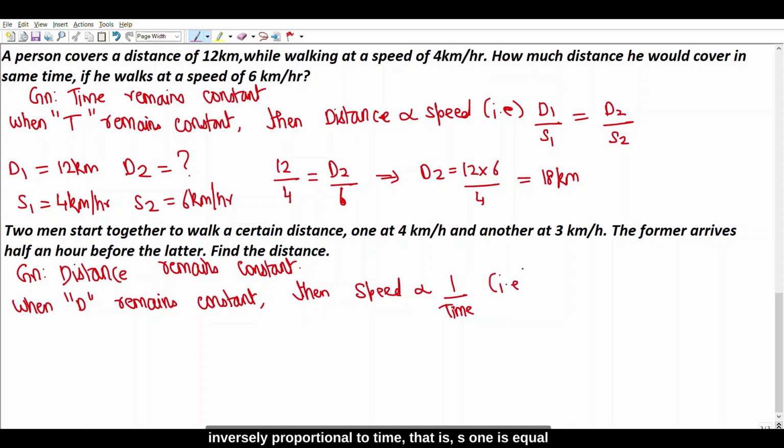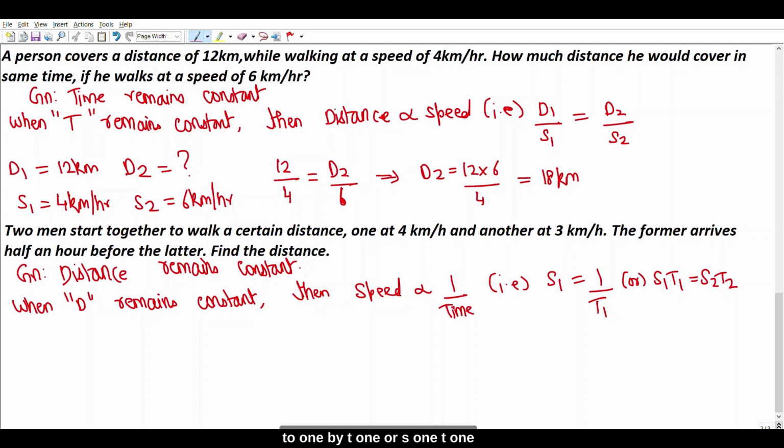That is, S1 is equal to 1 by T1 or S1 T1 is equal to S2 T2.